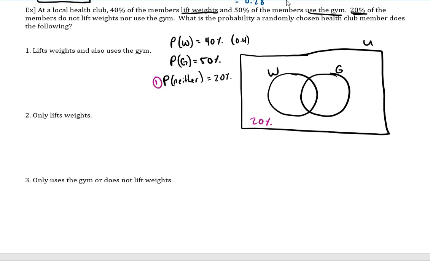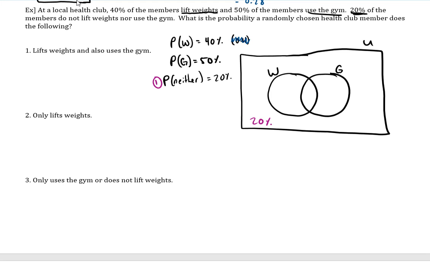So that's one of the things, but these two, as is, don't really help us. Because for 40%, we don't know how it's split between the two regions. And for the 50% inside the G circle, we don't know how that splits either. So that's where we're going to use some of that hidden information like we saw in the last video and use our complement rule. I'm just going to scratch out that.